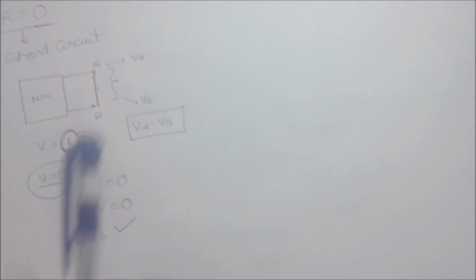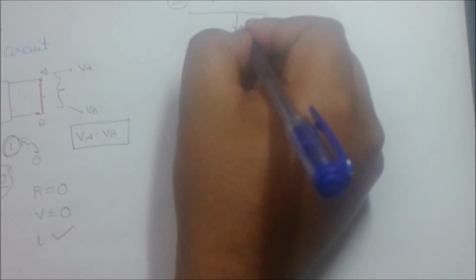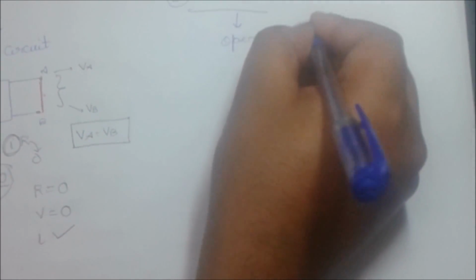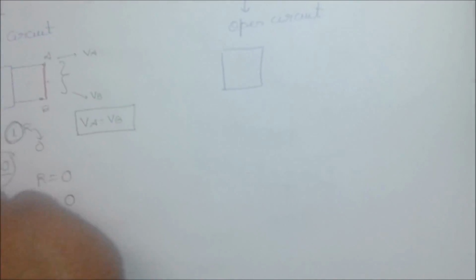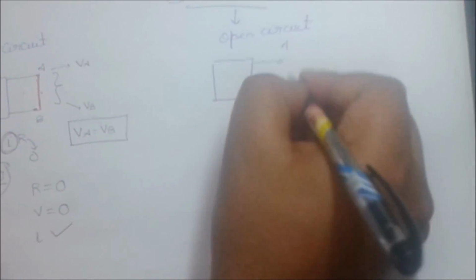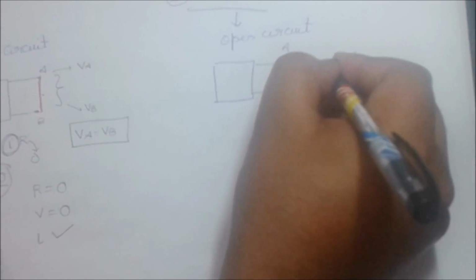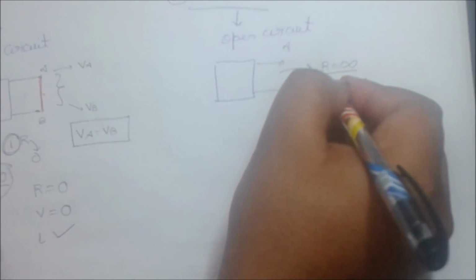Now, talking about R equal to infinity, it is known as open circuit. If this is our network, open circuit between these terminals means simply there is no connection between A and B. This means R is equal to infinity. What is the meaning of infinite resistance?